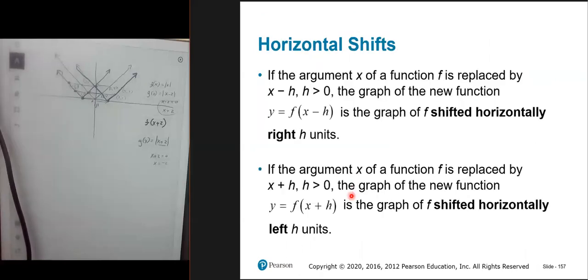Okay. Horizontal shifts. If the argument x of a function is replaced by x minus h, where h is greater than 0, this phrase here, greater than 0, means it's a positive number, then the graph of the new function is horizontally shifted h units to the right.